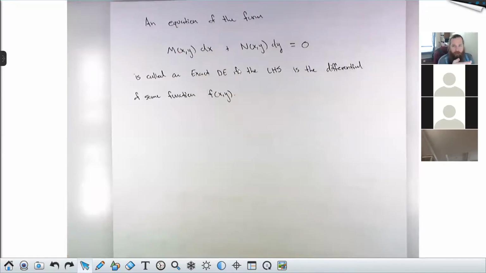But how do you know if that's the case? How do you know if the thing you're looking at could possibly be the differential of some function? It turns out there's a specific criterion, and this is closely related to the concept of a harmonic conjugate in complex analysis.